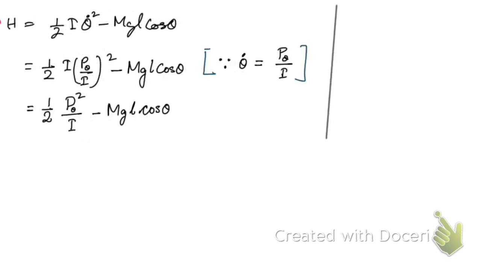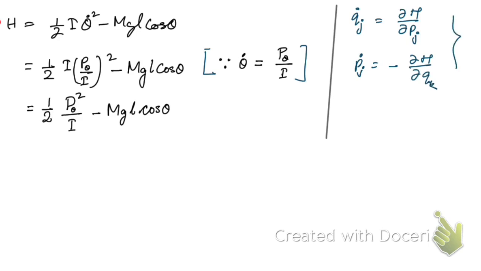According to the Hamiltonian canonical equations of motion, we get qj dot, or you can write qk dot, is equal to del H by del pj, and pj dot is equal to minus del H by del qk, right?